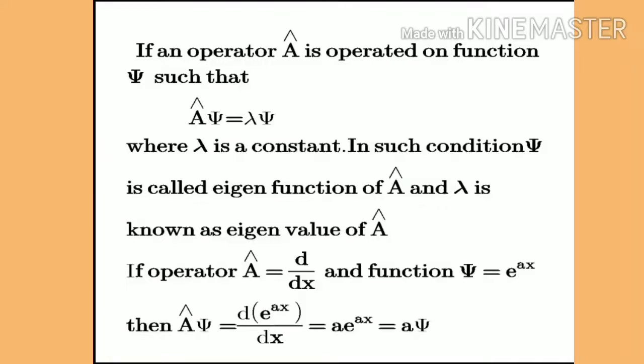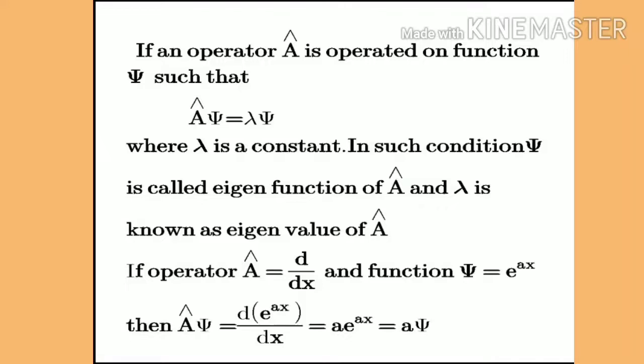If operator a cap is equal to d upon dx and the function psi is e raised to power ax, then a cap psi, so we will differentiate e raised to power ax and we will get the result a into e raised to power ax.